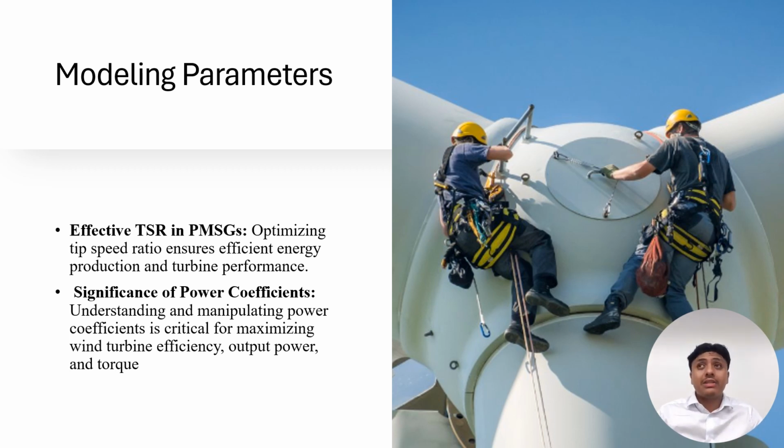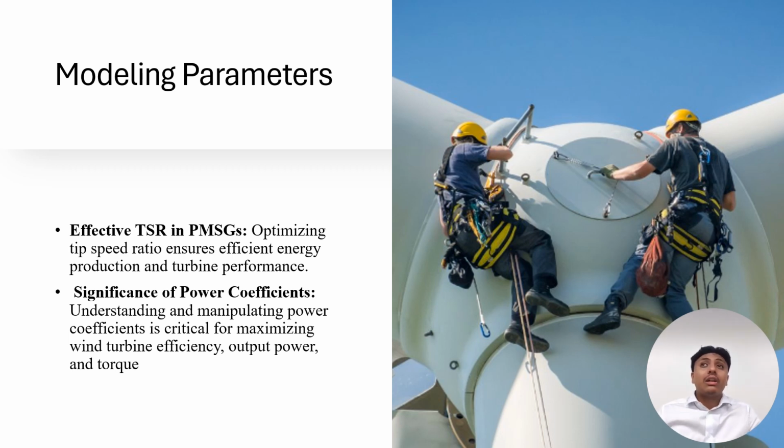The power coefficient is the ratio of mechanical power over wind power. It's always going to be less than 1, but it's important as it tells us how much energy is actually being transferred to mechanical. This ratio will change as we vary the TSR.